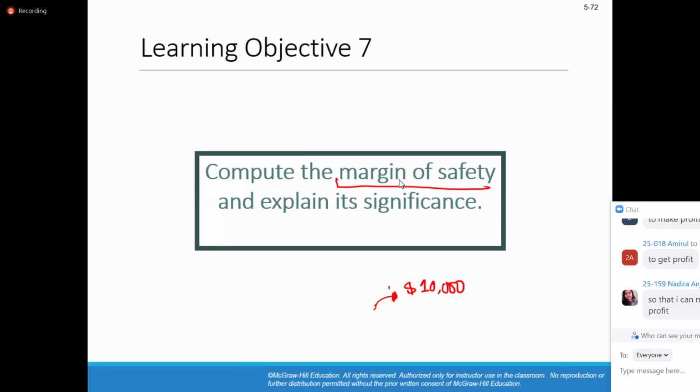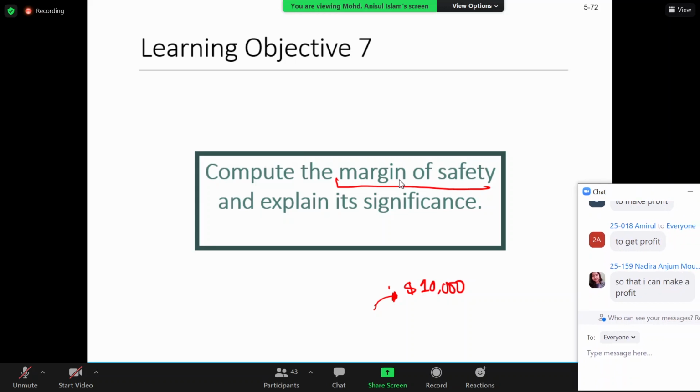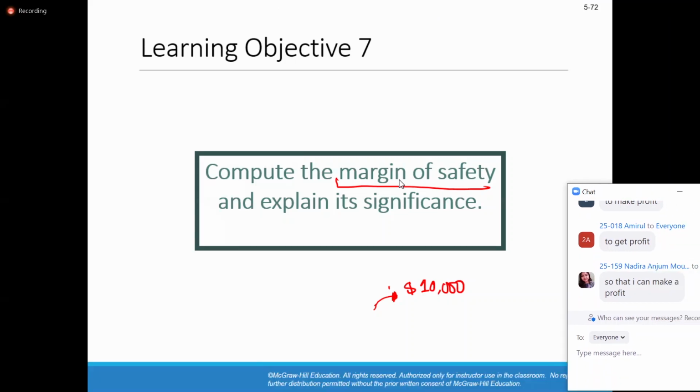But I would like to know more reasons from you, other than having profit, for getting sales over $10,000. Do you think there are some other motivations other than achieving profit? Obviously, it is common that when you exceed the break-even sales, the profit starts.